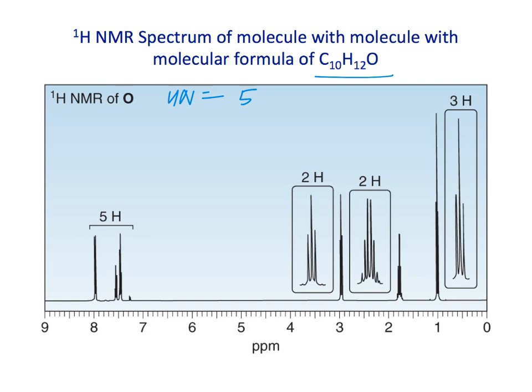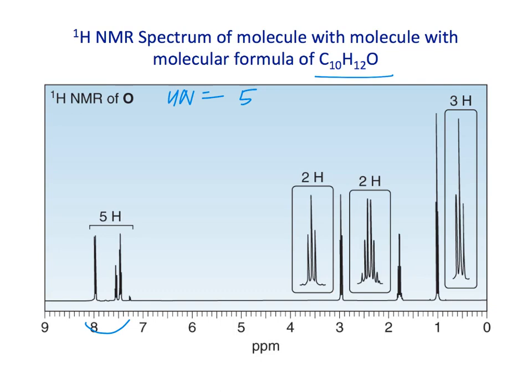Okay? So can we confirm that by looking at the proton NMR spectrum? There's a lot of peaks there, huh? Look at all these signals down here from about 7.5 to 8. This is the aromatic, the benzene region.